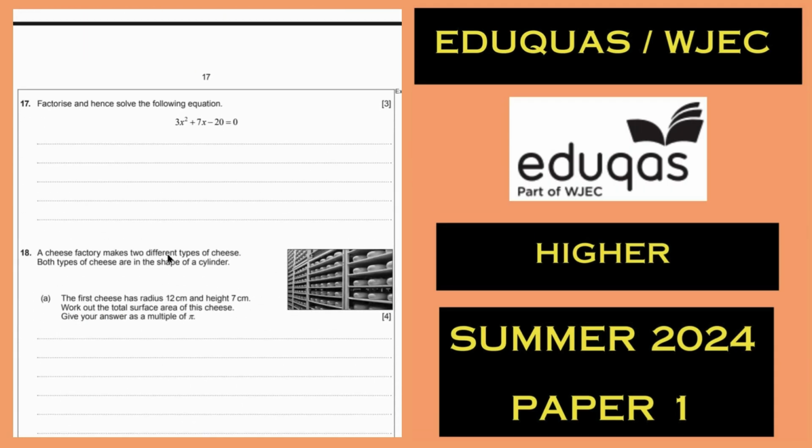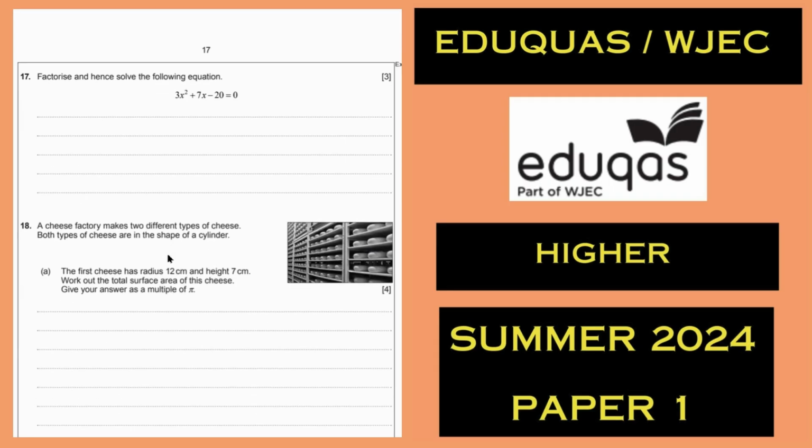Number 17, to factorise that, it's the AC method. A is 3, C is negative 20, so AC is negative 60. I always prefer to create some room. So move the 3x squared to the left, the minus 20 to the right, and chop your page in two.